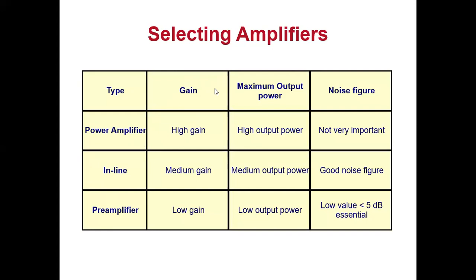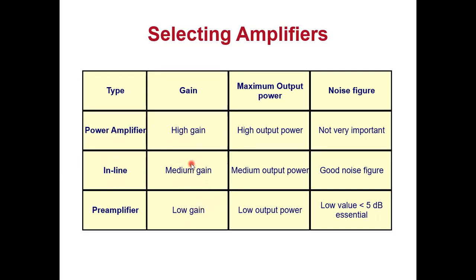If I want a medium gain amplifier, then I will go for an inline amplifier. And a pre-amplifier is just before the detector. If I just want to increase a little amount of gain, then I will go with a pre-amplifier. So based on your gain requirement, you select the amplifier.